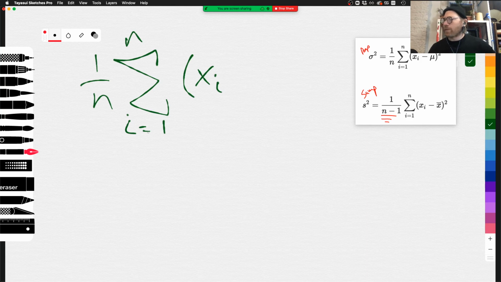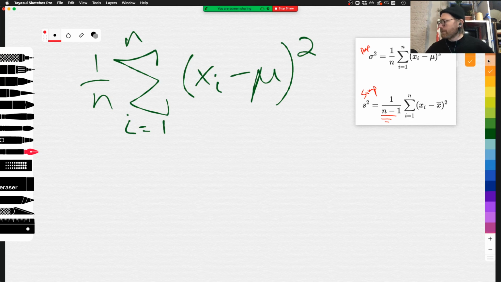This is the mathematical representation, so we're starting at 1, not 0, as we would in Python. And we're subtracting the mean and squaring. Okay, so I'll just label this a little bit. This is our mean, mu. And x sub i represents each data point, okay?